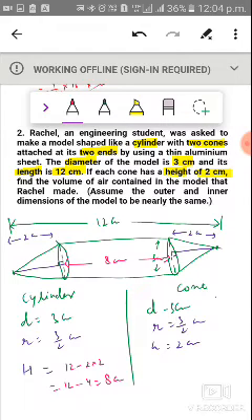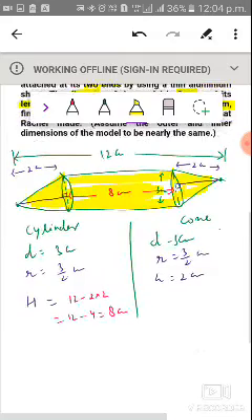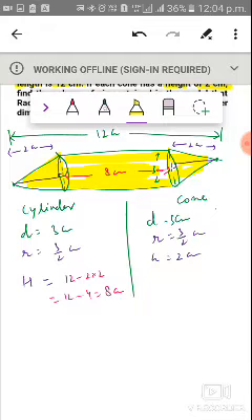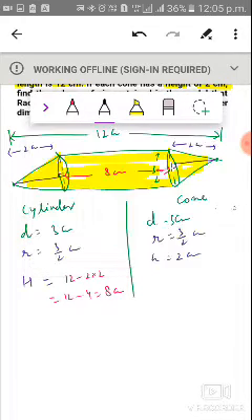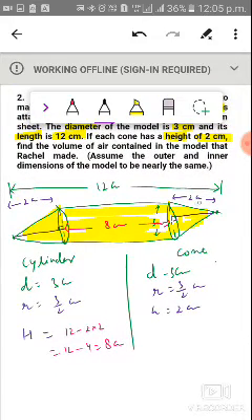So we got radius and height of the cylinder, and we got radius and height of the cone also, right? So what we need to find? We need to find the volume of the air contained in the model. Okay, so we'll write air contained in the model.